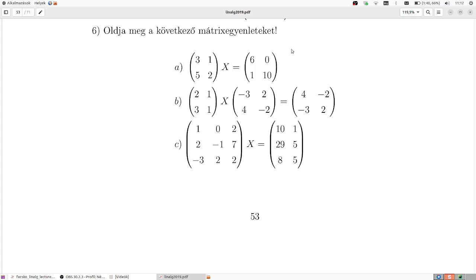So the X matrix is supposed to be this one.